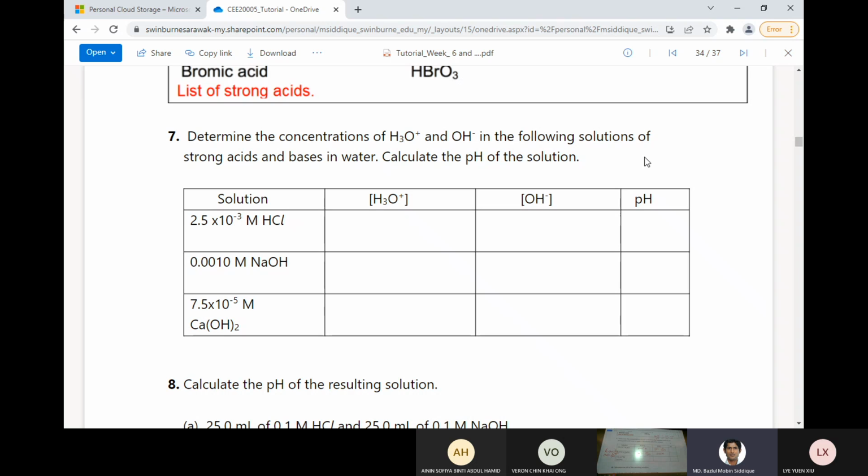How much hydronium ion and hydroxyl ion will I find? Calcium hydroxide, let's say, it is going to be dissociated. Should I put a both-way arrow or a one-way arrow?